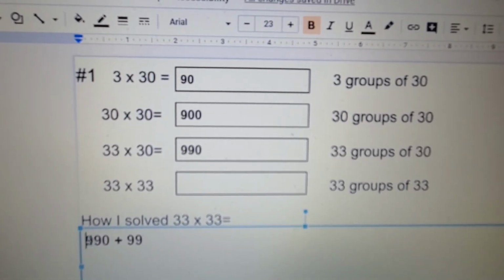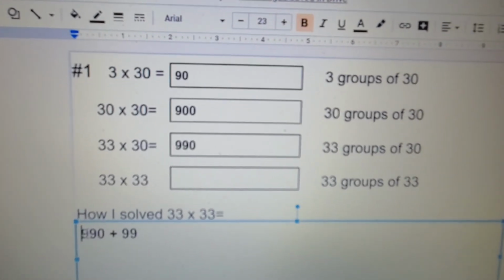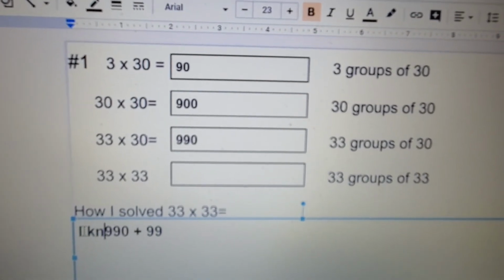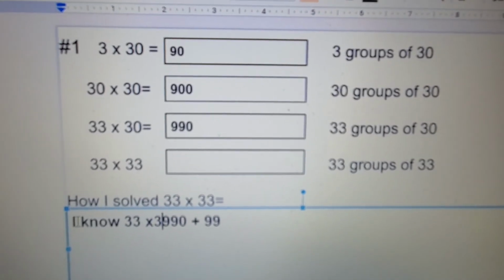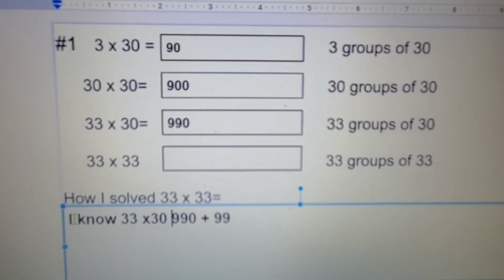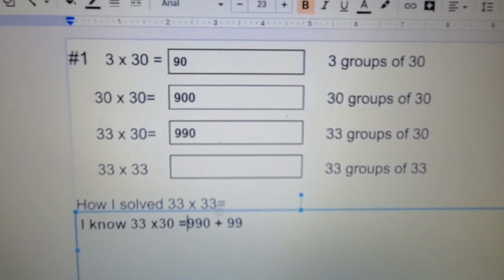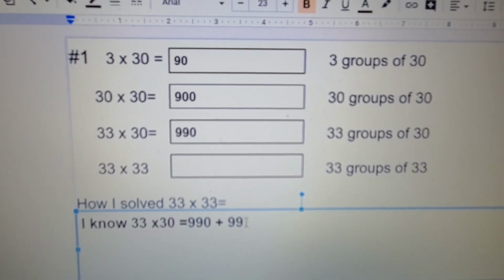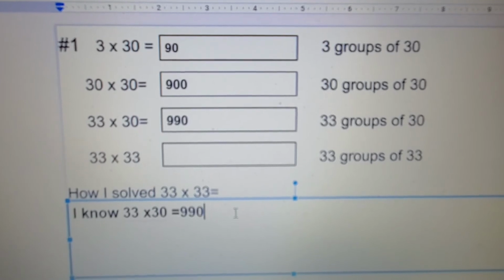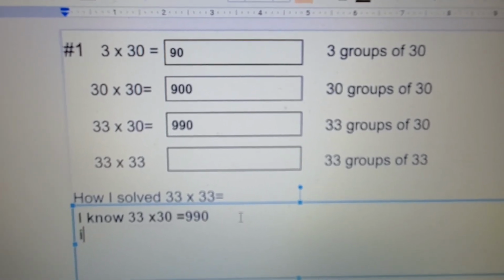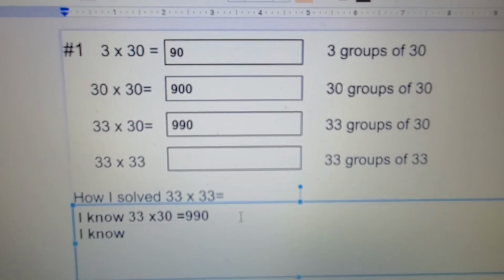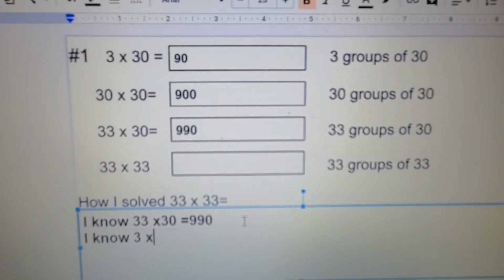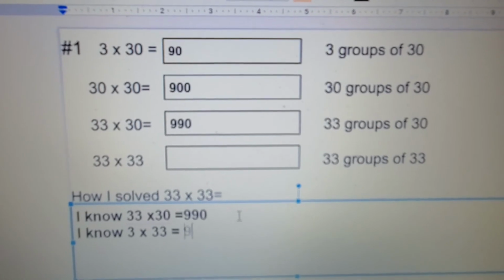So I would say I know 33 times 30 equals 990. And I know 3 times 33 is 99.